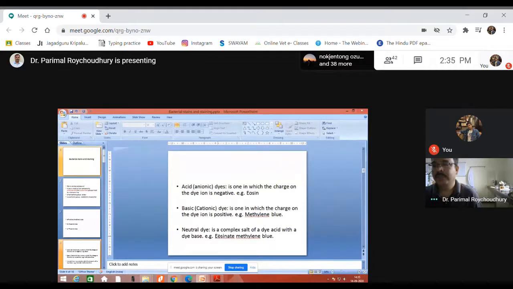Likewise, all the dye compounds that we use for imparting color to the bacteria can be grouped.